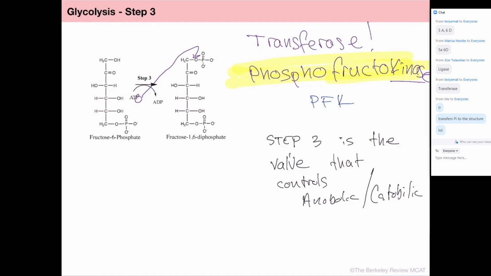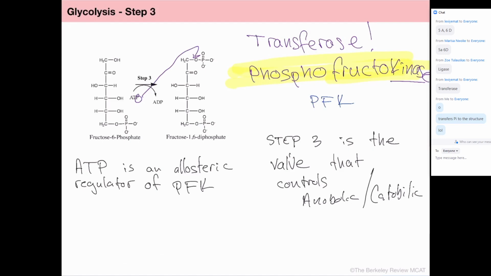And this is regulated because it turns out that ATP itself is an allosteric regulator of PFK.